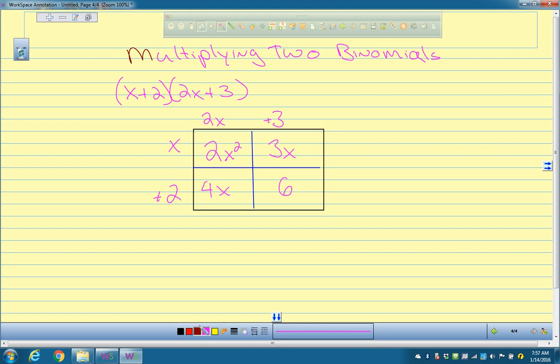Now you can combine your like terms. How many x's do I have altogether? 7 x's, right? So altogether my answer is 2x squared plus 7x plus 6.